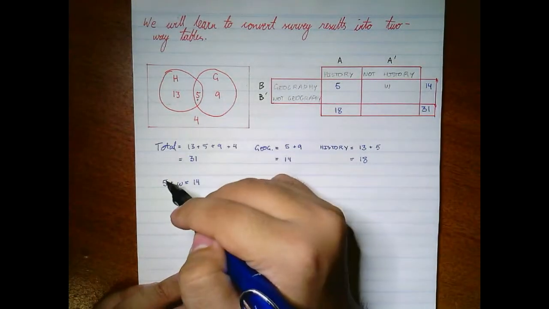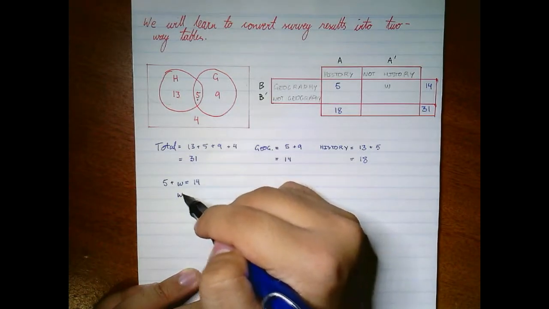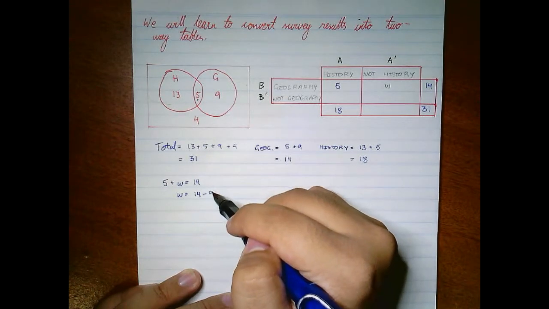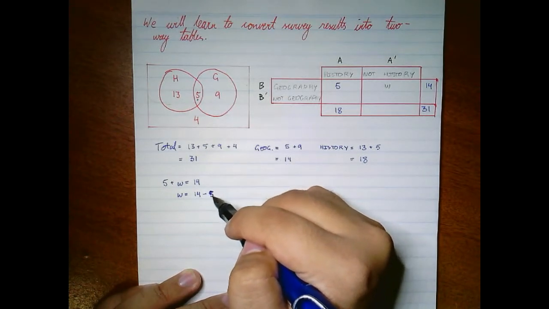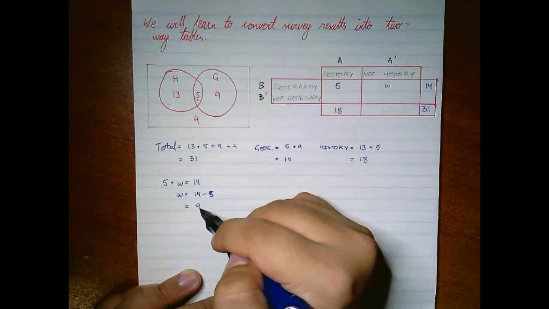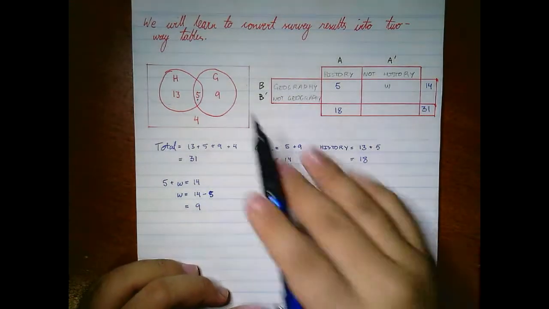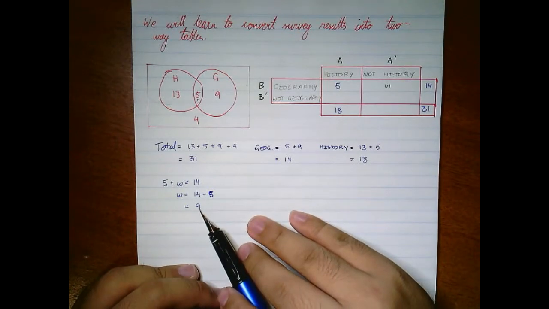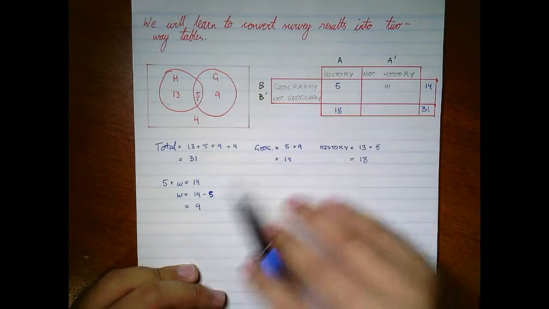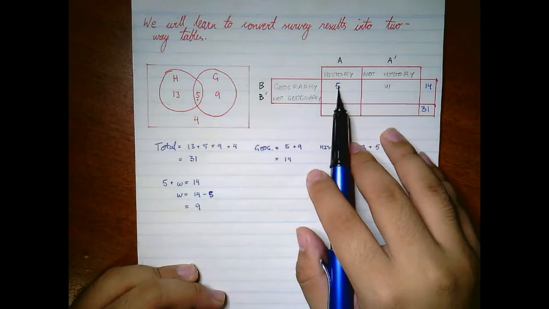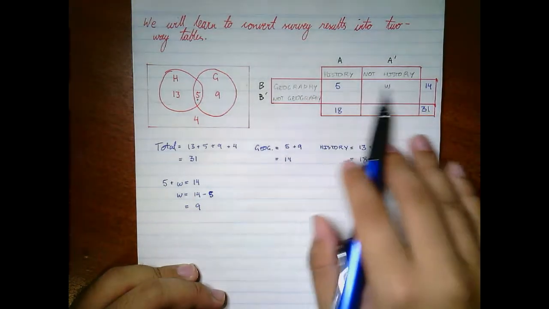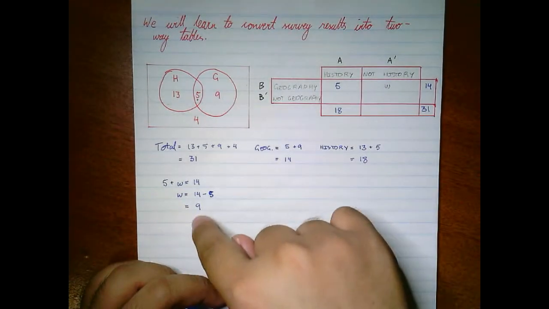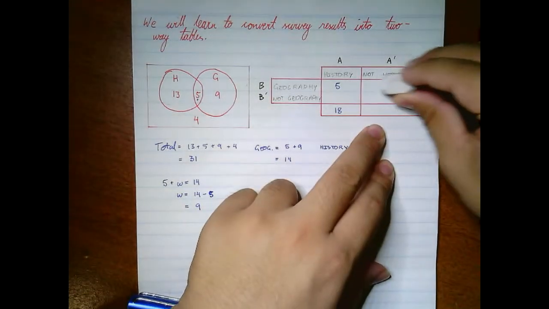If I move the 5 across, we get W equals 14 minus 5, which will give us 9. That number actually will go here, but it wasn't quite obvious to begin with, was it? I find it easier to solve with just some algebra. So I know that W there is 9.